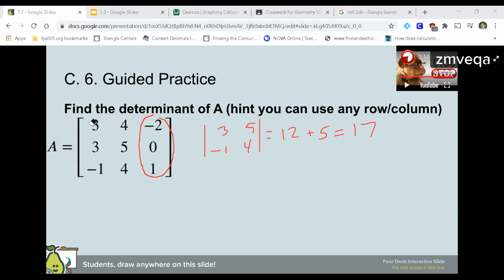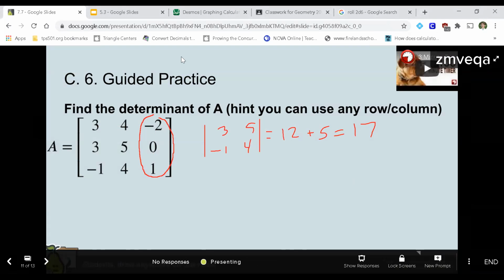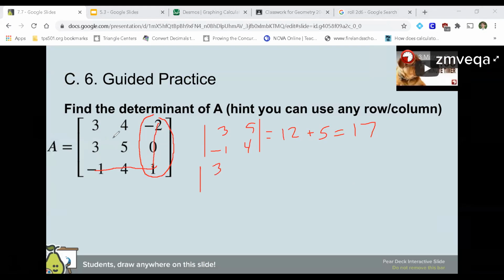Again, the middle one won't matter because whatever the answer to 3 times 4 minus -1 times 4 is going to be multiplied by 0. Oh, sign change. Top right number is positive, so I'd multiply this by +1, so it'd say 17. Okay, now this one, 1, eliminate this. 3, 4, 3, 5.